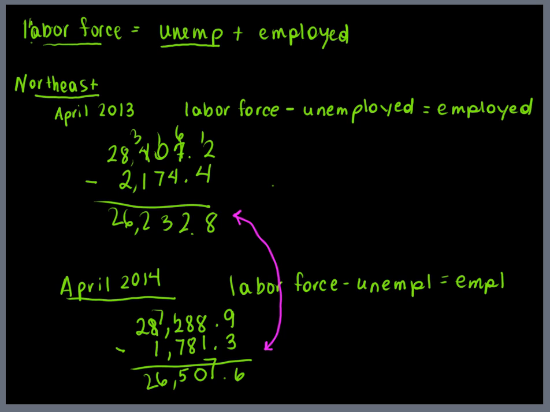In part B, I'm simply asked to calculate the growth in the labor force from April 2013 to 2014. I'm going to do each of these problems just for the region of the Northeast.